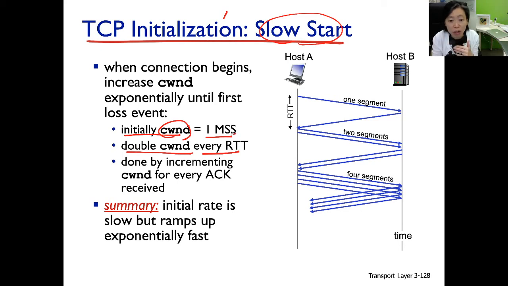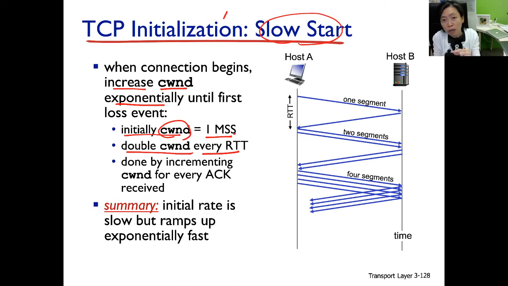Wow, so that's actually quite aggressive, isn't it? You are correct, because the window size in slow start, in the initialization phase, is going to increase exponentially. Every round trip time, you double the size, as opposed to AIMD, where every round trip time you increase by 1 segment size.